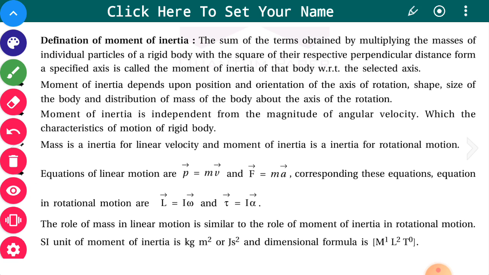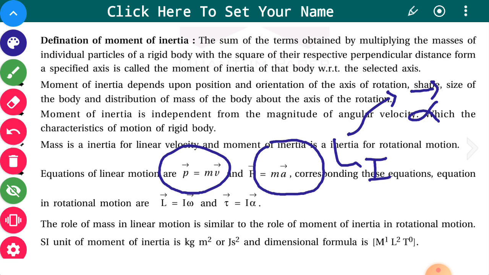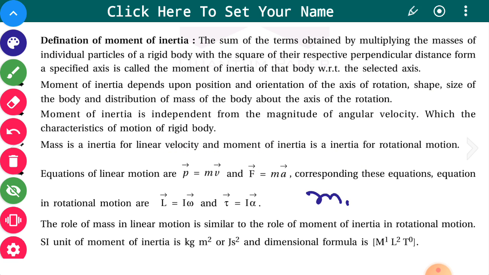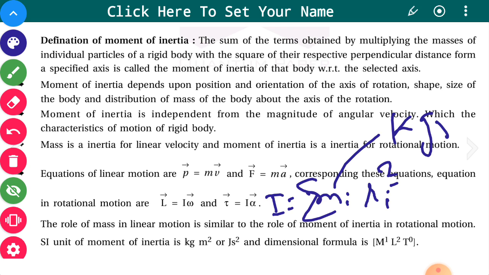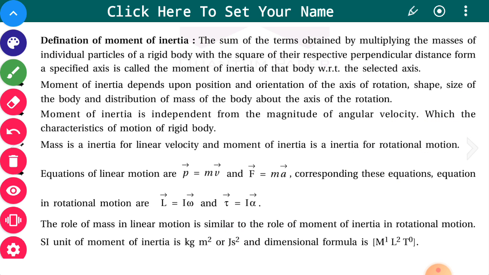In SI units it is sigma m_i r_i square. Mass is measured in kg, distance is measured in meter, so kg meter square, or joule second square, not used much. M1 L2 is the dimensional formula.